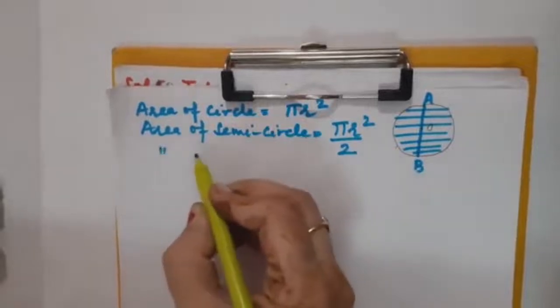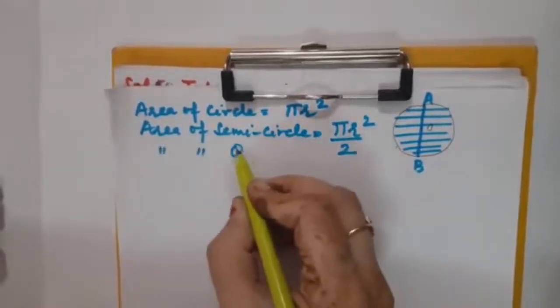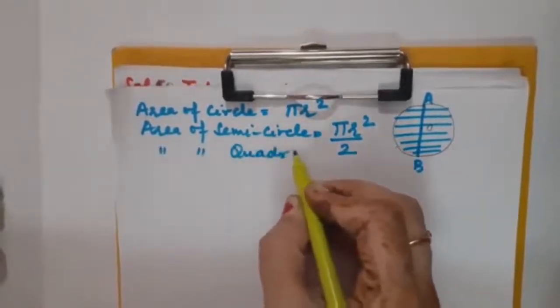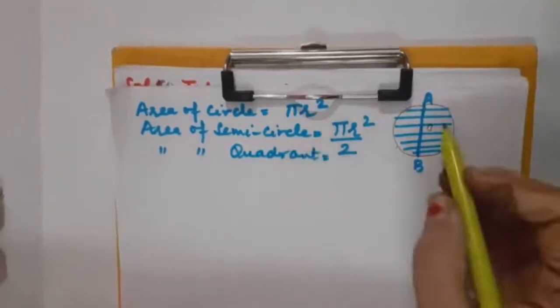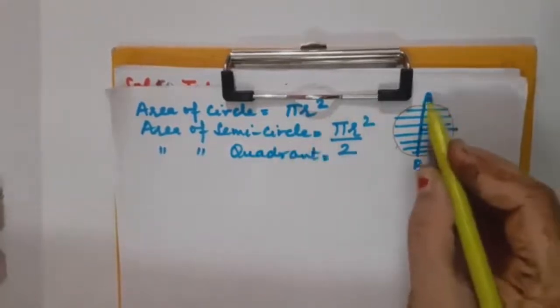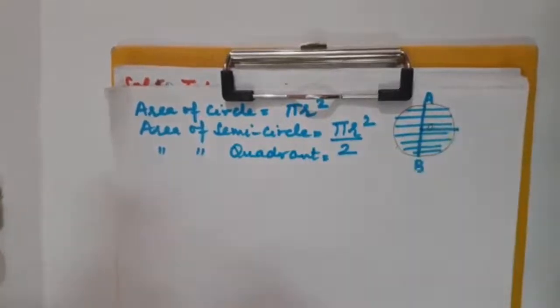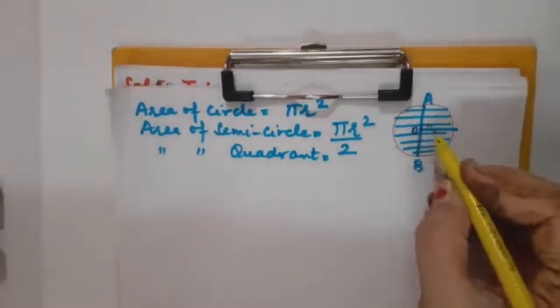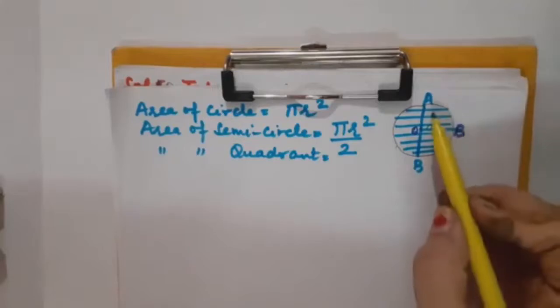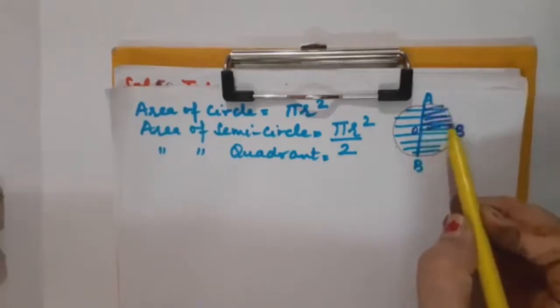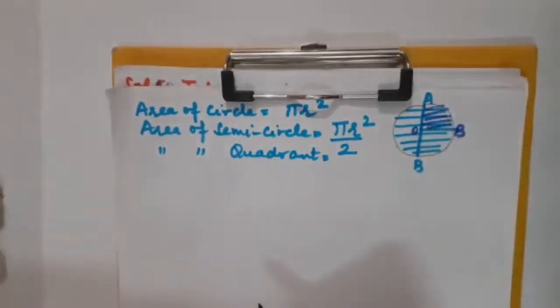So children, if I am going to talk about the area of quadrant. Quadrant, I just told you what is quadrant, that when the complete circle is divided in 4 equal parts. In how many parts? In 4 equal parts. So here this is center point O, this is B. So this AOB is known as the quadrant of the circle.